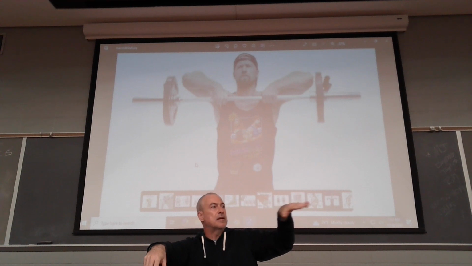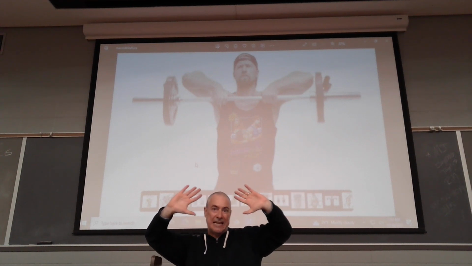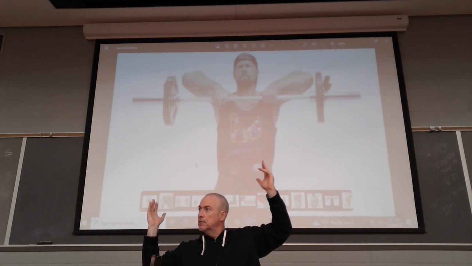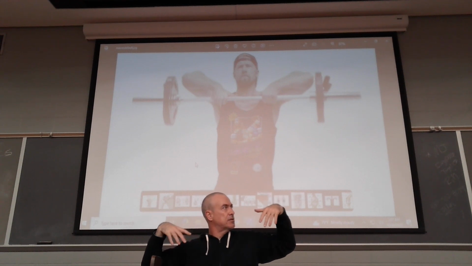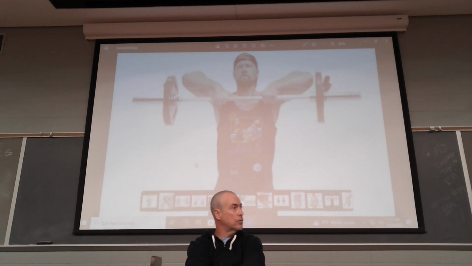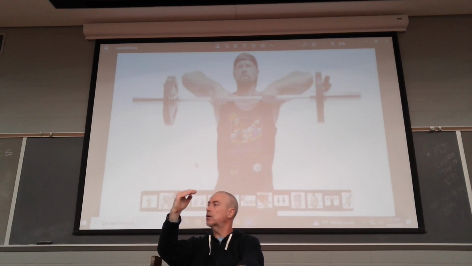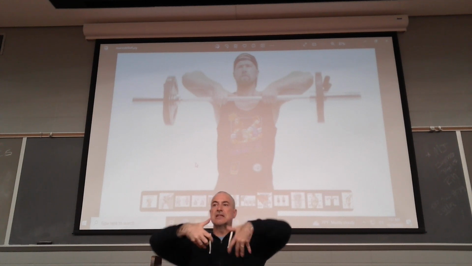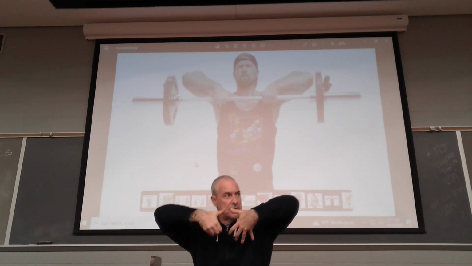So the scapula in this photo would be upwardly rotated. The shoulders would be abducted. The shoulders would be externally rotated. But when he goes down, that's where we have to put our concepts of change in position. So would the wrist stay in this position as he goes down, or would they move?